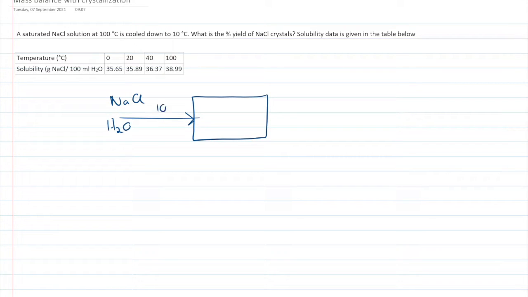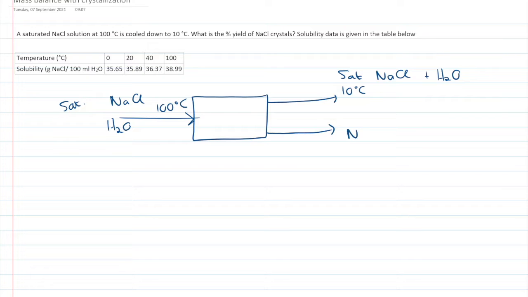What comes out is, and remember this first one is saturated, a saturated sodium chloride solution again, only this time at 10 degrees Celsius. And at the bottom we have the sodium chloride crystals. So that's all the information we have for now.